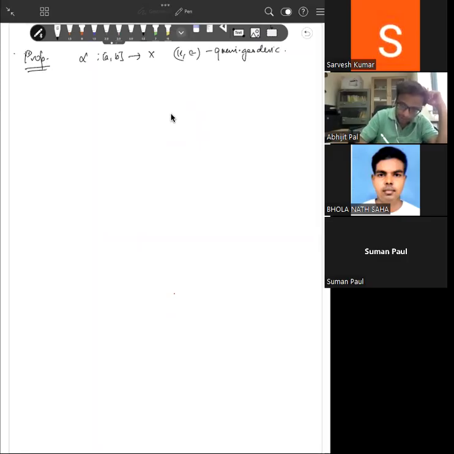So you take any quasi-geodesic like this. So this may not be continuous. So the image of alpha may be something like this. Yeah. So this may be the image of this alpha.